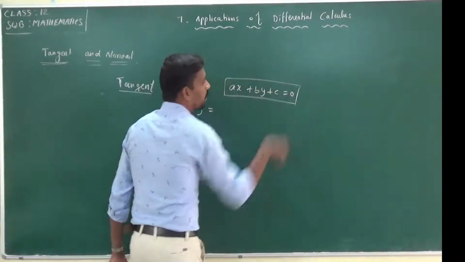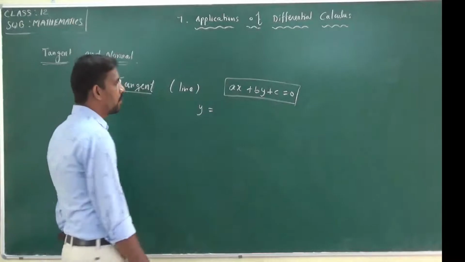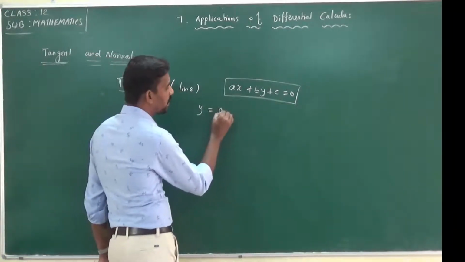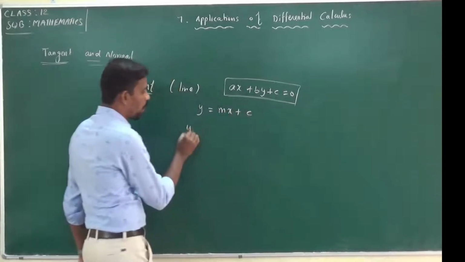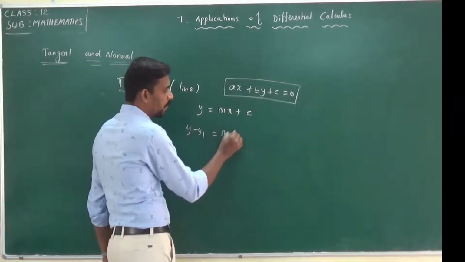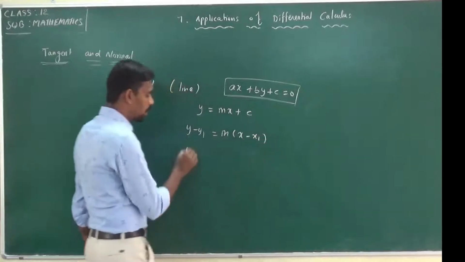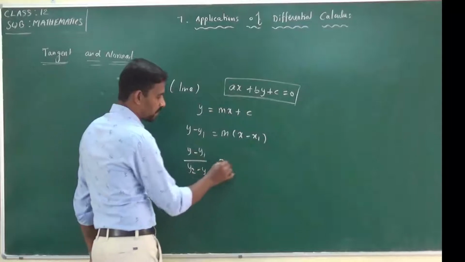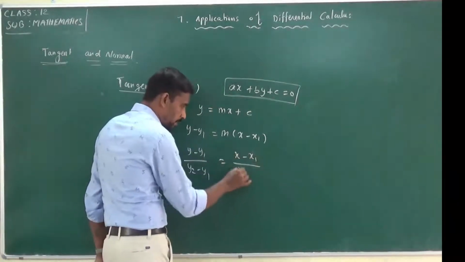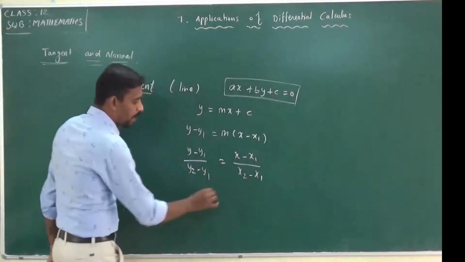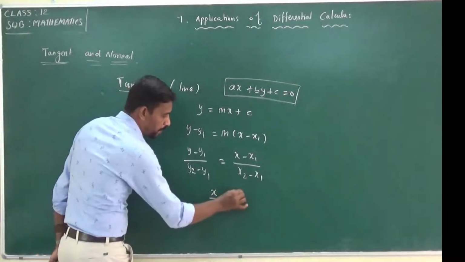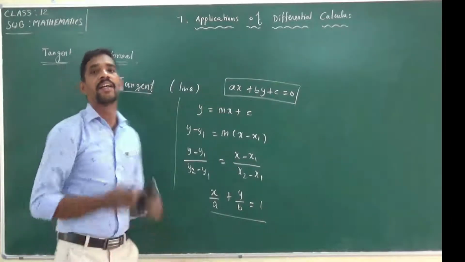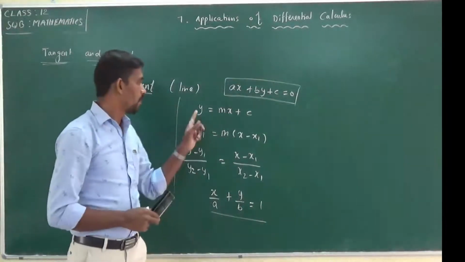This is the linear equation of a line. Now the standard forms: y is equal to mx plus c, y minus y1 is equal to m into x minus x1, y minus y1 divided by y2 minus y1 is equal to x minus x1 divided by x2 minus x1. Finally, x by a plus y by b is equal to 1. So these are the standard equations of a straight line.